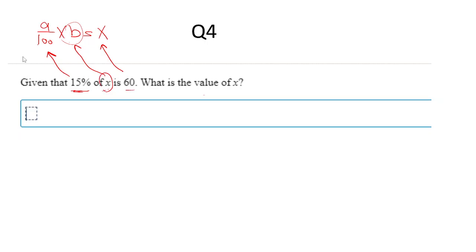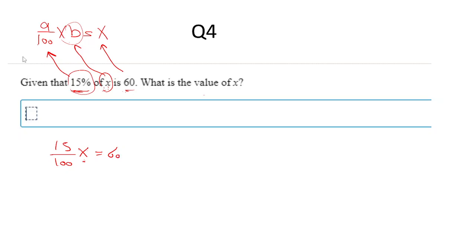He gave me 60, which is the 15% value of the full amount. So let's apply: 15 over 100 times x, this is the value which I want to get, or b, whatever, equals 60, right?